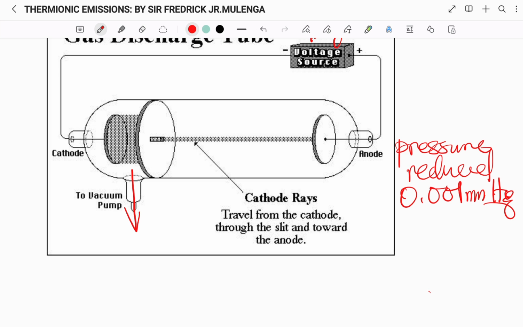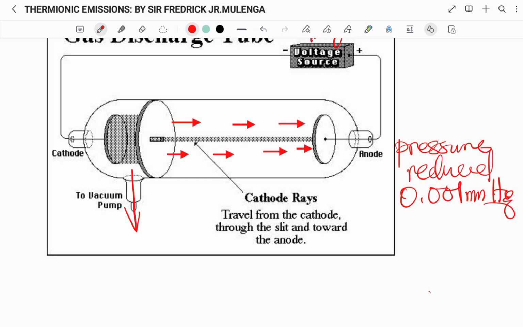So when the pressure was reduced, the electrons that were emitted from the cathode were going towards the anode. They ionize the air particles inside and move to the positive charge.